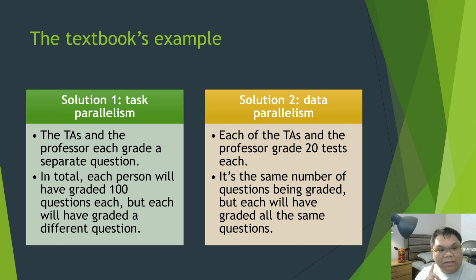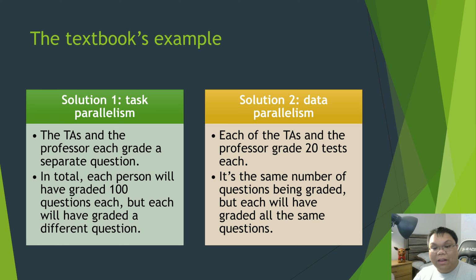In this task parallelism example, each person will have graded 100 questions each, but they will have each graded a different question. In the data parallelism solution, each grader will have graded 100 questions, but they'll have seen all 5 questions on the exam.